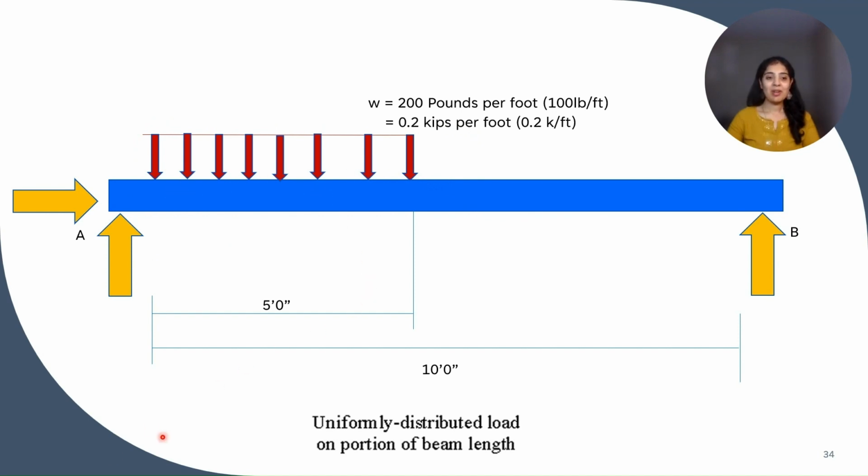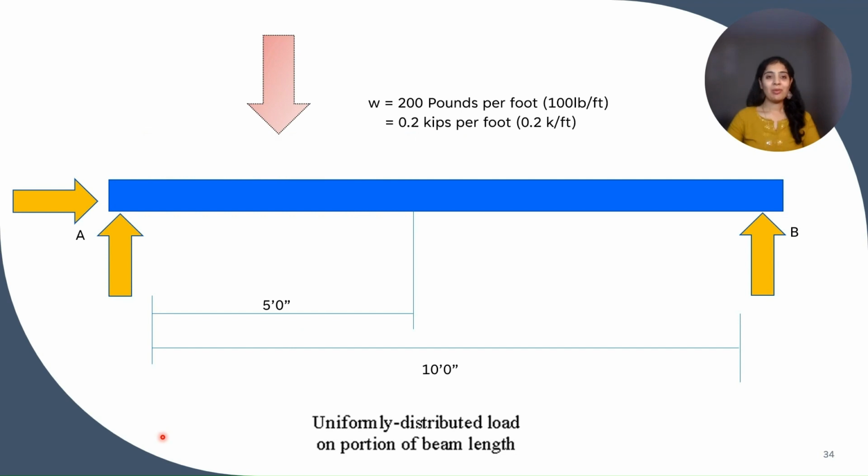First we will convert this uniformly distributed load into a concentrated load by multiplying the UDL magnitude by its loaded length, and find the reaction components according to the type of supports. This is how the free body diagram is drawn.